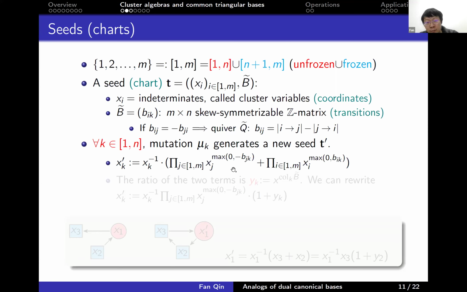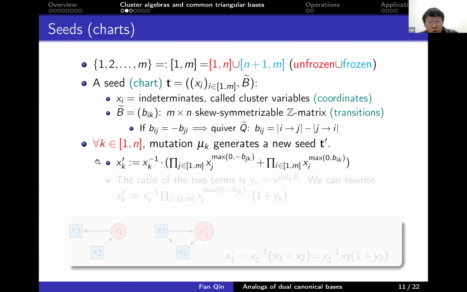So you put the first monomial where, for bjk, you take the power of max of 0 and minus bjk, namely you take the xj with all the bjk negative, and then you take all the xi with the power given by all the bik positive. So this is kind of some definition. For some historical reason, people define it in this way.